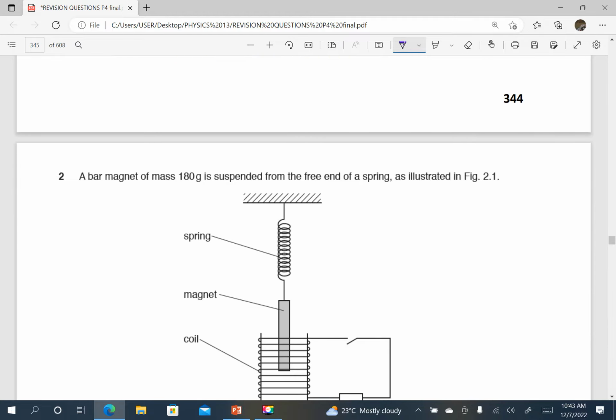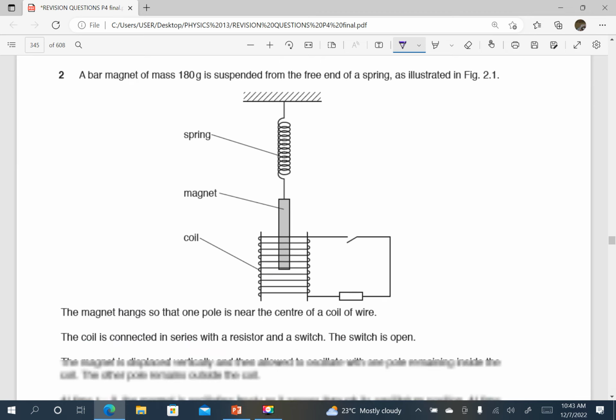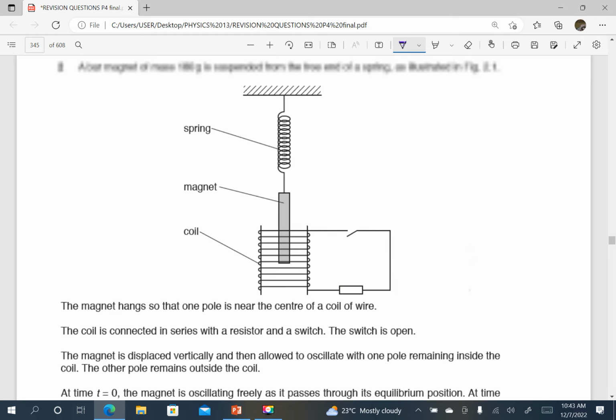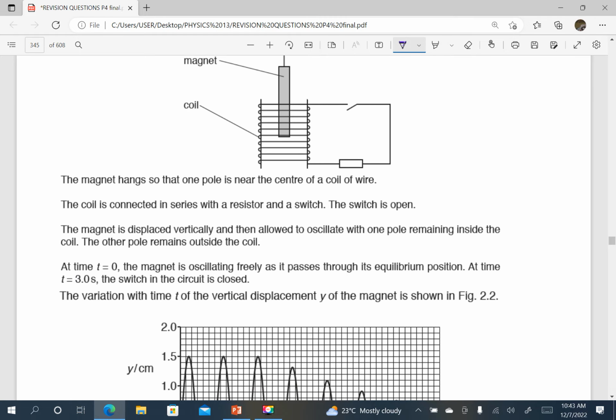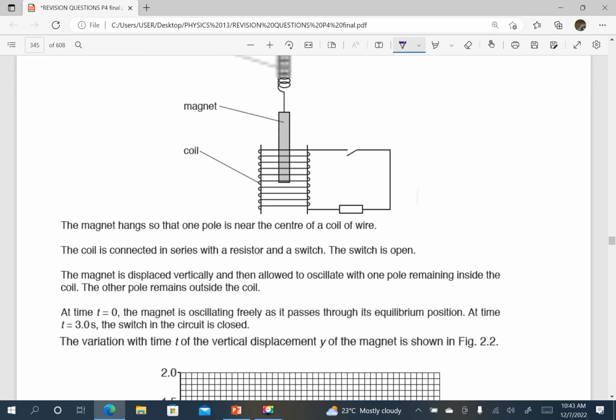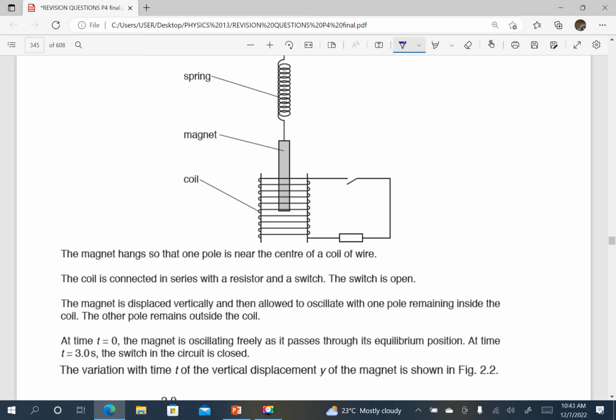The bar magnet of mass 180 grams is suspended from the free end of a spring as shown here. The magnet hangs so that one pole is near the center of a coil of wire. The coil is connected in series with the resistor and the switch. The switch is open. Of course, when the switch is open, the magnet will be having free oscillations.